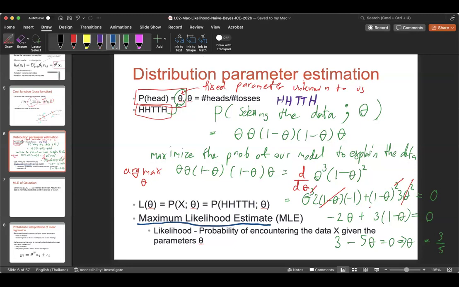We want to maximize this likelihood, which is just probability here. The likelihood is the probability of encountering the data given the parameters, and we're estimating the value. So this is maximum likelihood estimate.